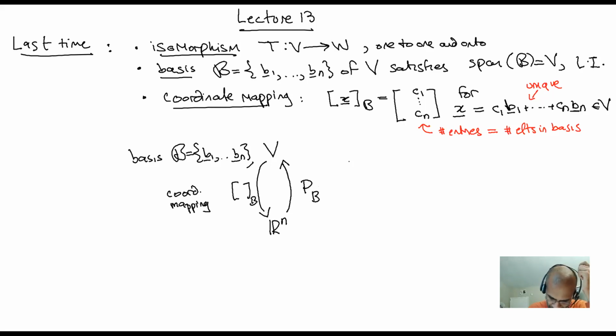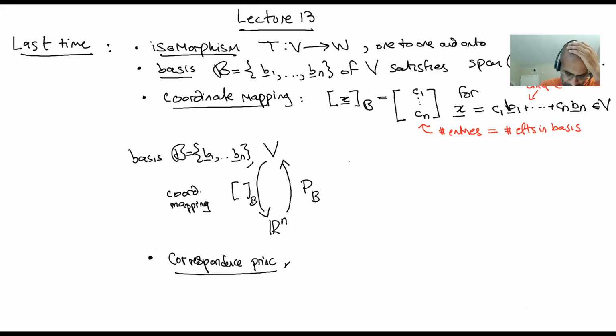And the upshot of all of this is something which I call the correspondence principle, which says that because this is an isomorphism, every linear dependence in V is reproduced in Rn and vice versa.